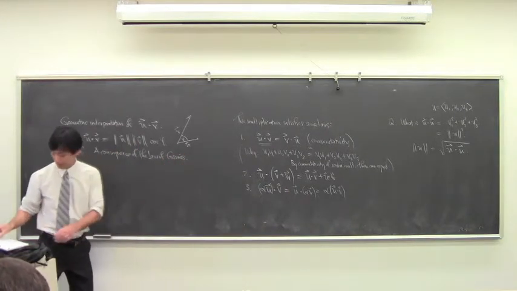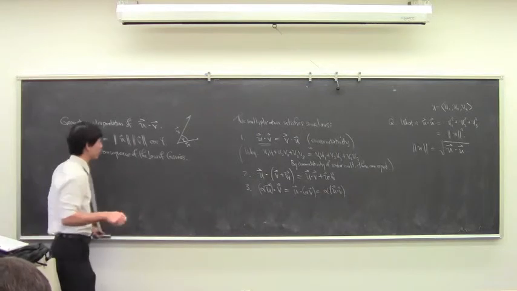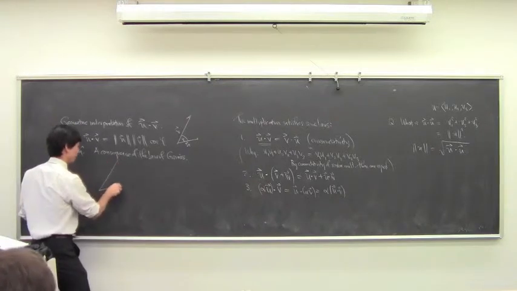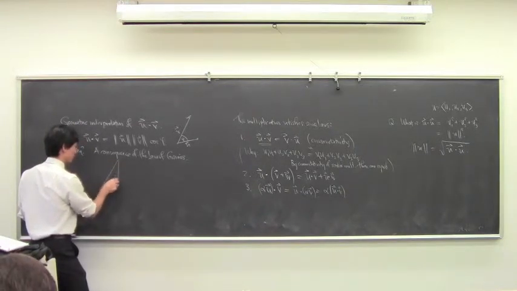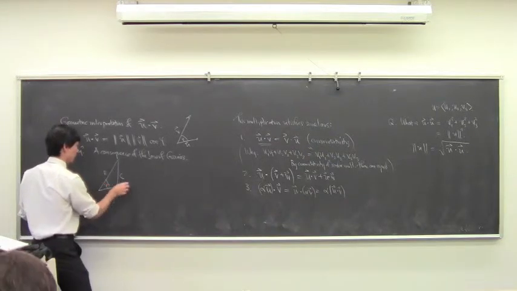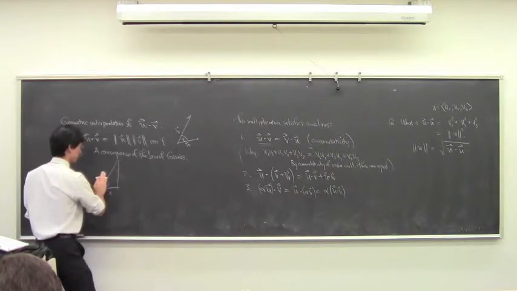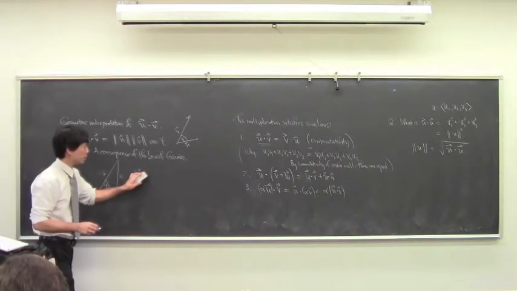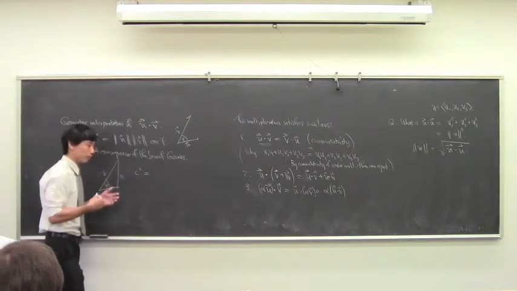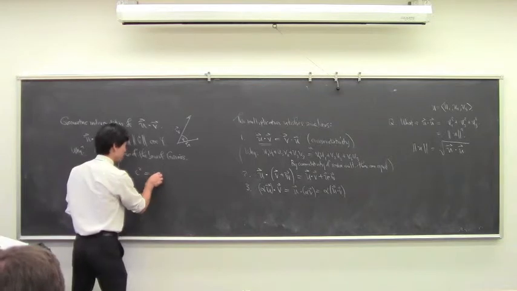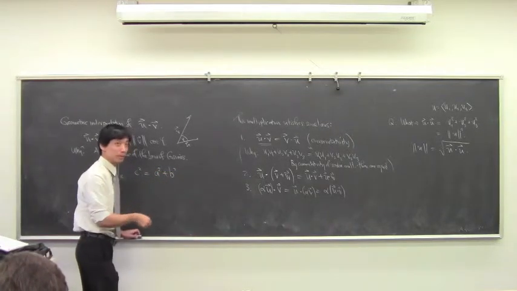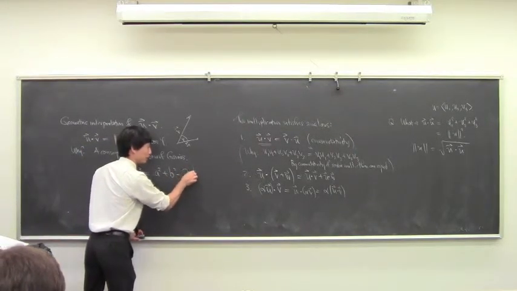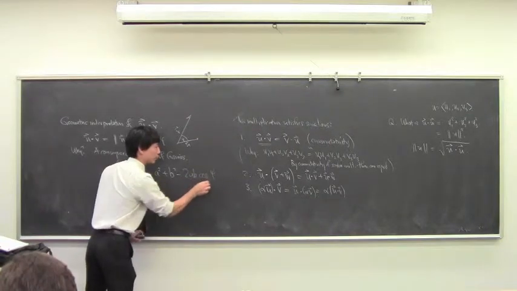So the law of cosines, you may recall, says that if you have something like this, C, A, B, then C squared is equal to A squared plus B squared, and then there's this factor that you throw in: 2AB times the cosine of the angle between.